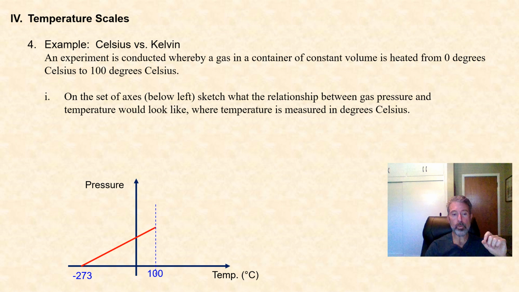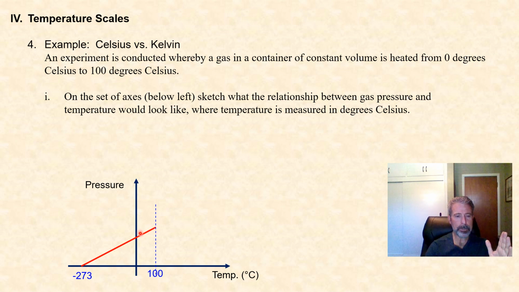And if you were actually to plot some points in this region here from 0 degrees Celsius to 100 degrees Celsius, probably what your Celsius thermometer could measure, you would find that this portion of your graph would be linear. You could then extrapolate your data, that is, interpret or read beyond the range of data you collected.